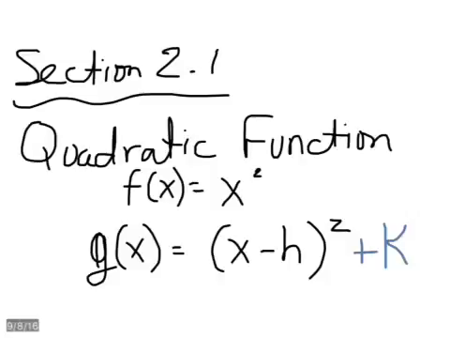So if I graph the parent function it should go through the origin, and we did that many times in chapter 1. Now if I put a plus 3 on the outside, we're going to move it up 3. If I put a minus 5 on the inside, you're going to move it right 5. That's not changing from chapter 1 to now. The h and the k do the same thing that we did in chapter 1.